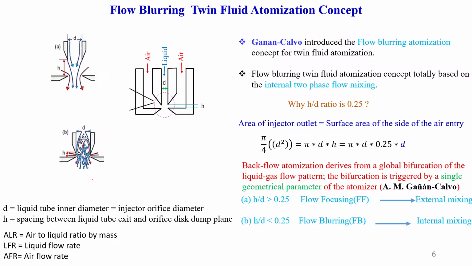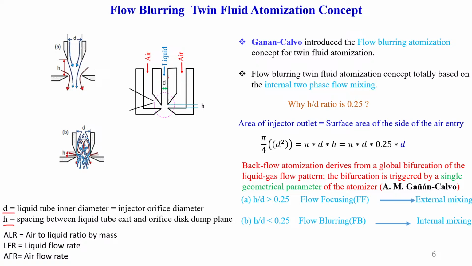This is the schematic representation of the injector. I would like to give some of the parameters here. D is nothing but the liquid diameter or injector orifice diameter. H is the gap between the liquid tube end and the orifice disc dump plate.